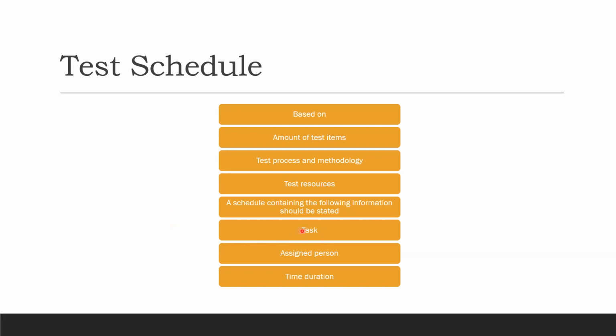So these are the tasks that you have here. All of those that I mentioned are the tasks. And then an assigned person to those tasks. Those are things that you need to note down on the schedule when you write it down.